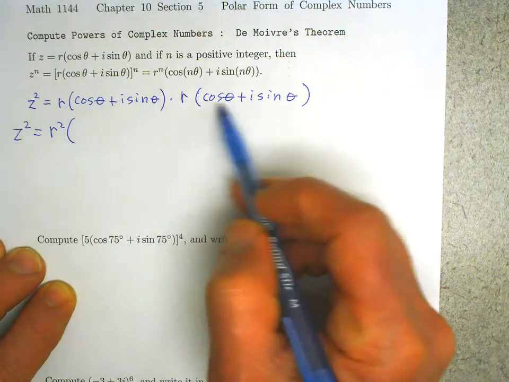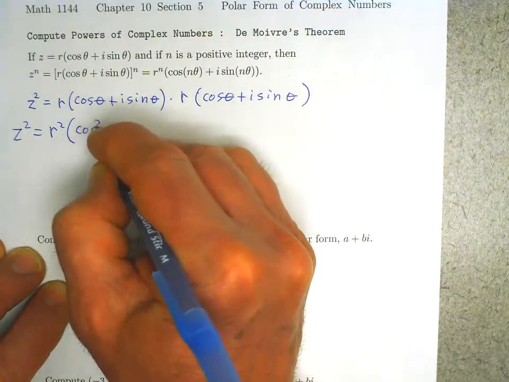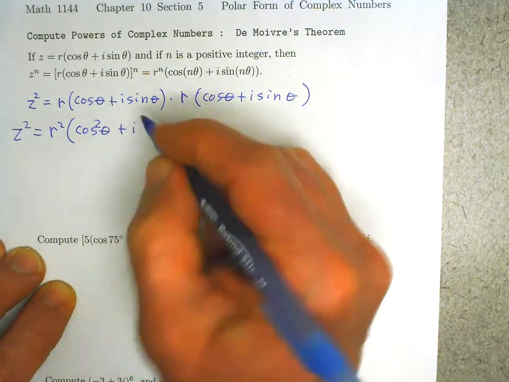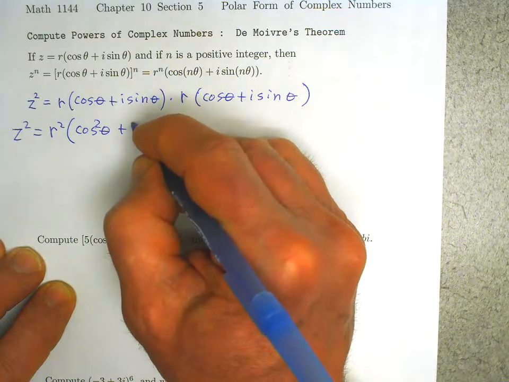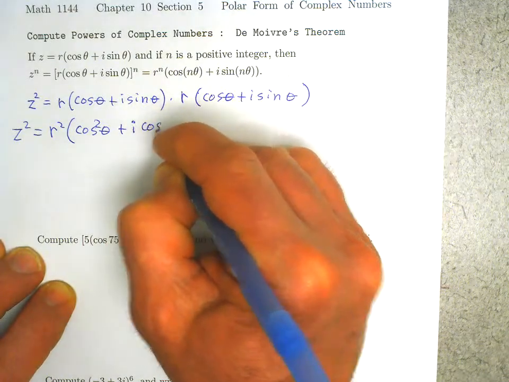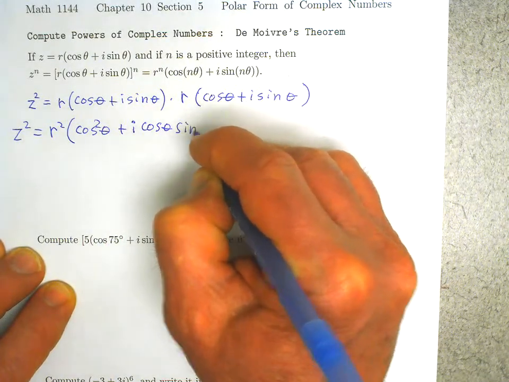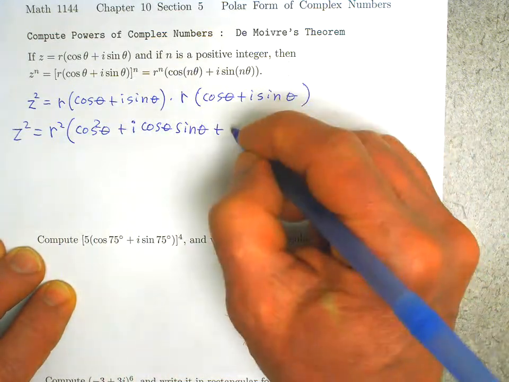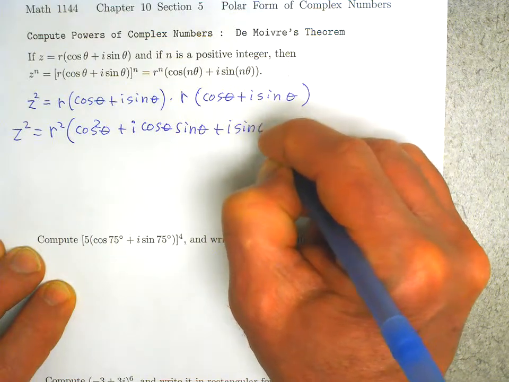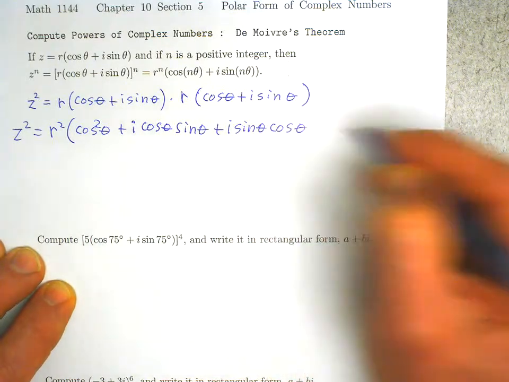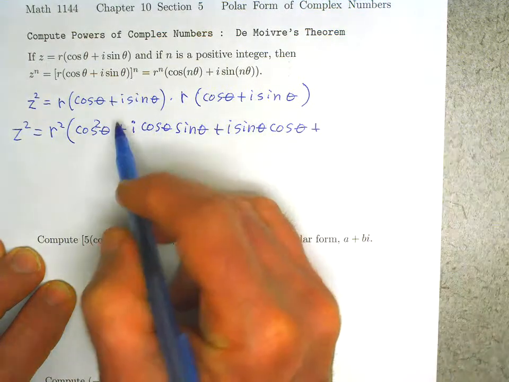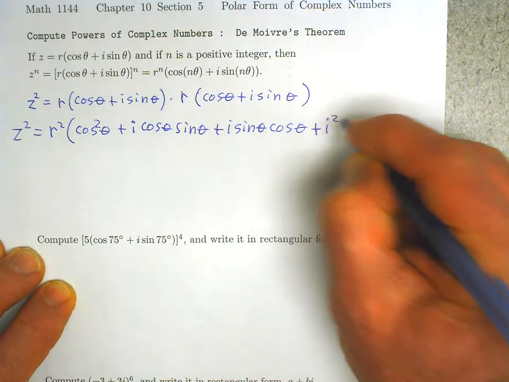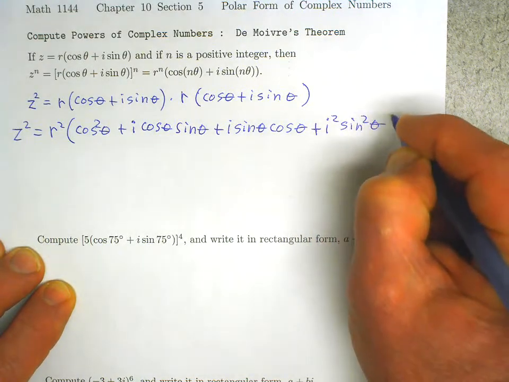And then cosine of theta times cosine of theta is cosine of theta squared. And then plus I times cosine theta times sine theta. And then plus I times sine theta times cosine theta. And finally, I times sine theta times I times sine theta is plus I squared times sine of theta squared.